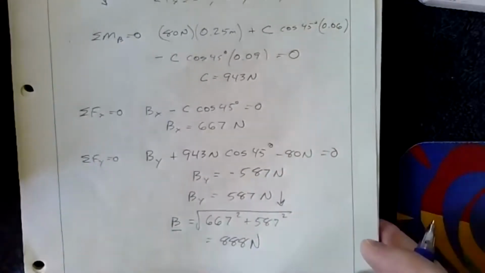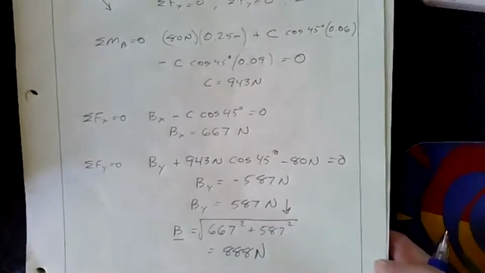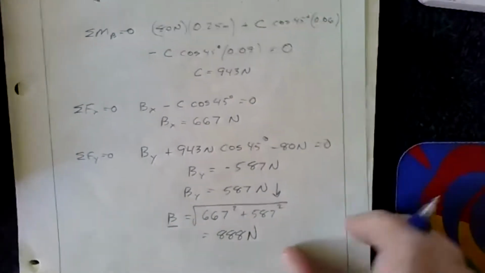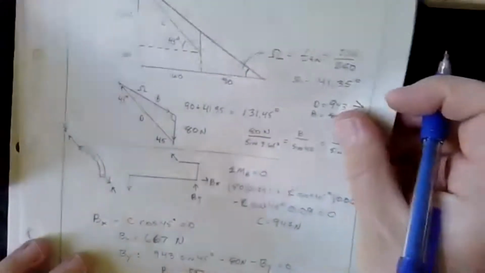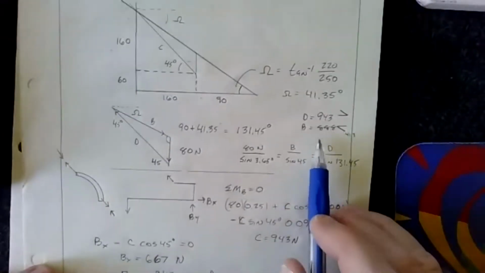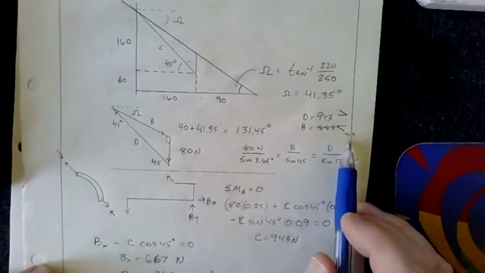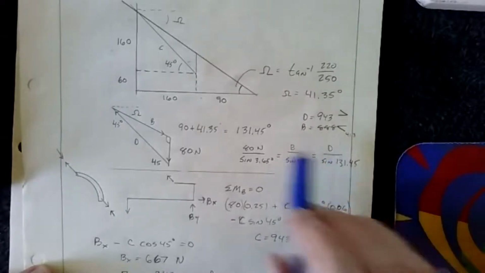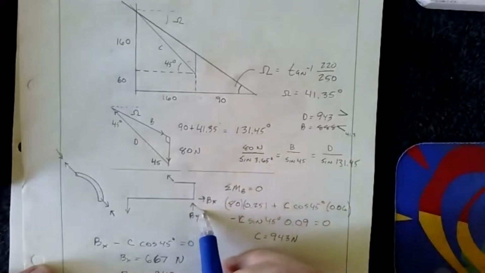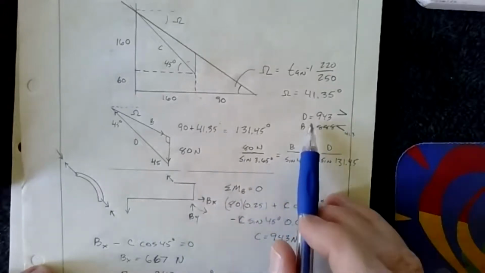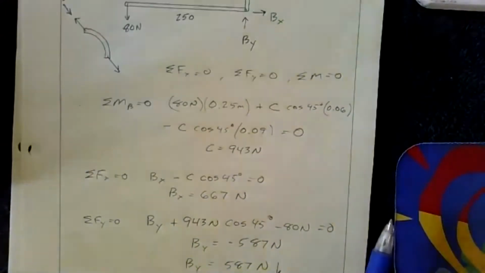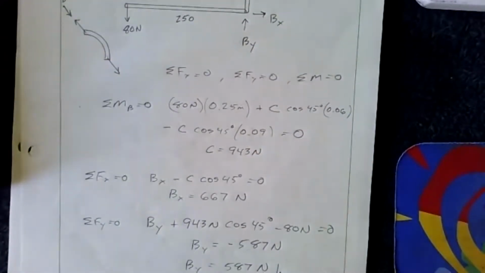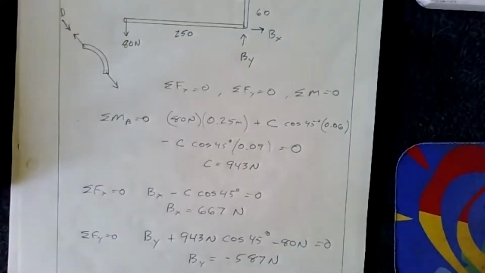And so when we come back up to here, after the force triangle, it turned out that B was 888 at an angle of 41.3 degrees, because we knew that B was going down this way. And we knew that D was 943 going up that way. And so we got 943 here, same thing.